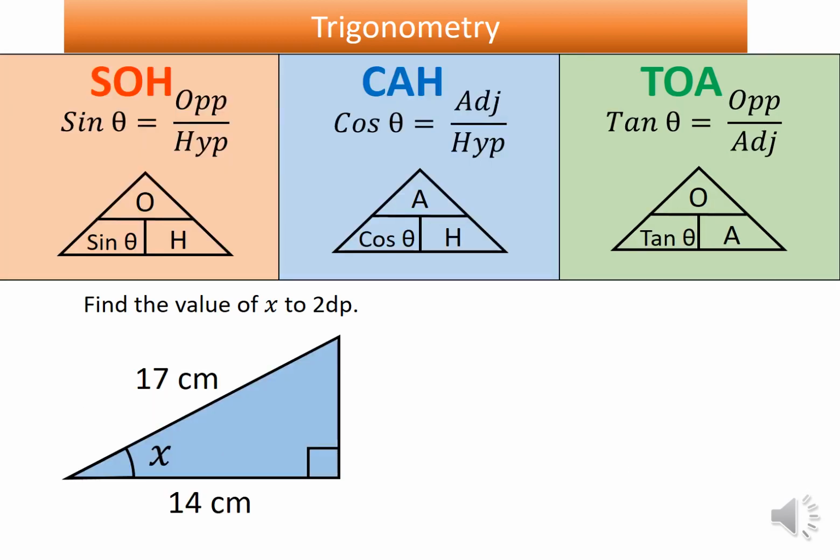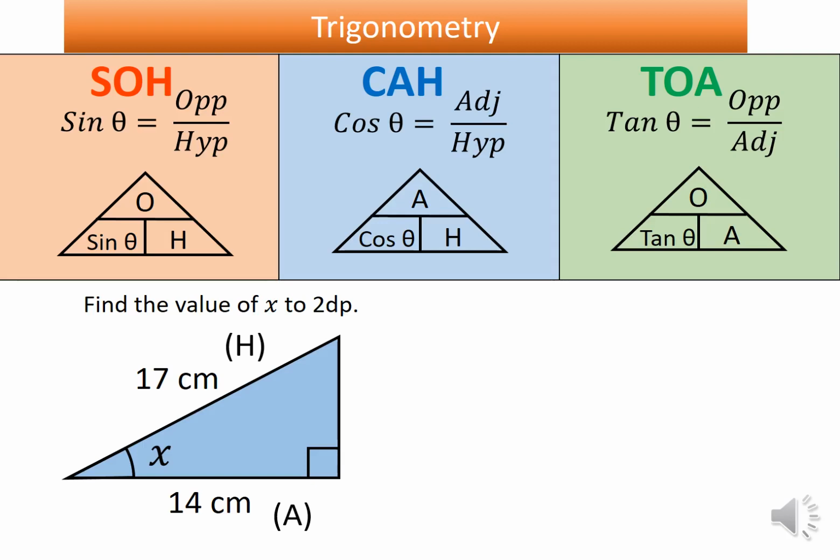In the final example, I have again two lengths and the angle that is unknown. So first I label the two lengths. 17 centimeters is the hypotenuse because it's opposite the right angle, and 14 centimeters is the adjacent because it's right next to the angle. So I've got the adjacent and I've got the hypotenuse.